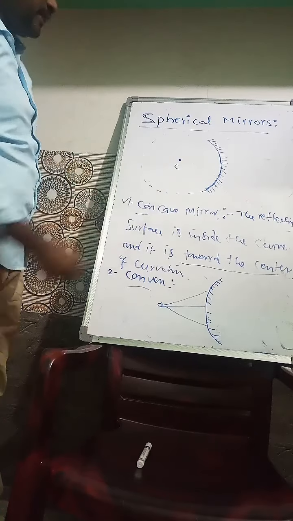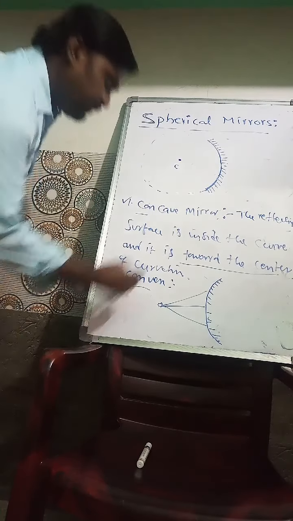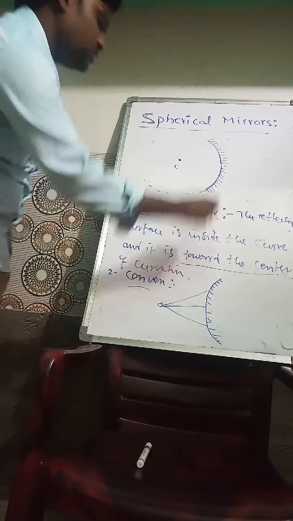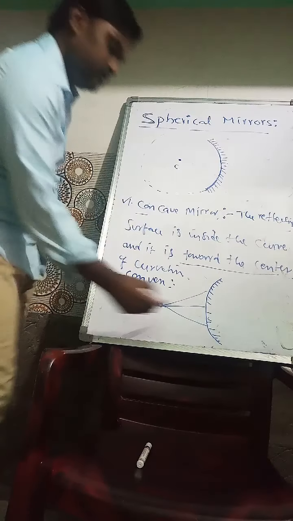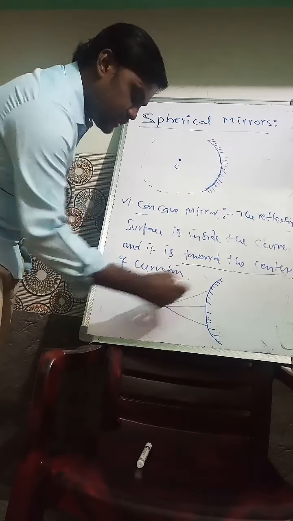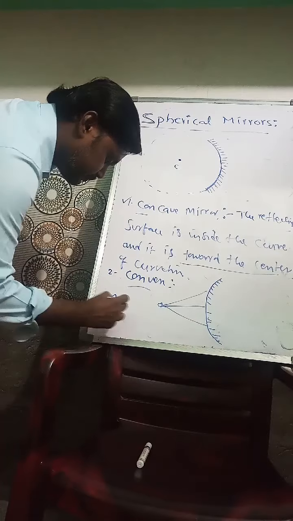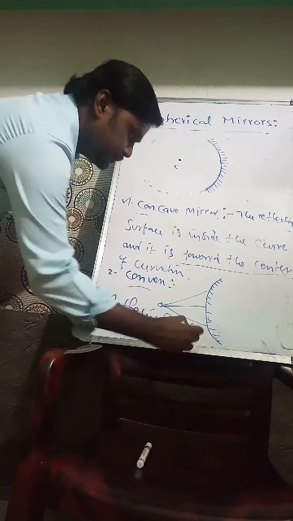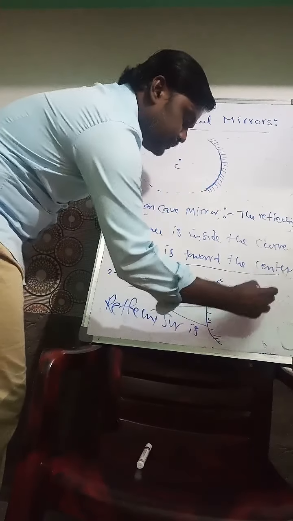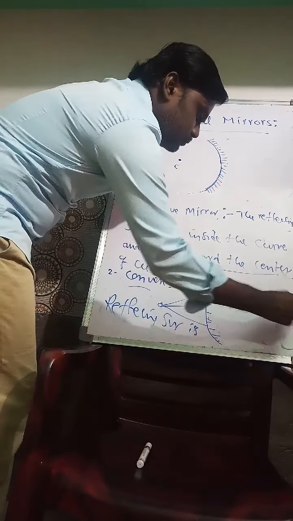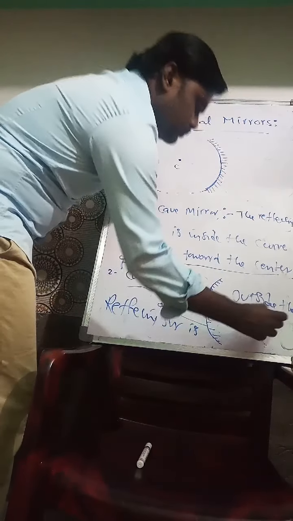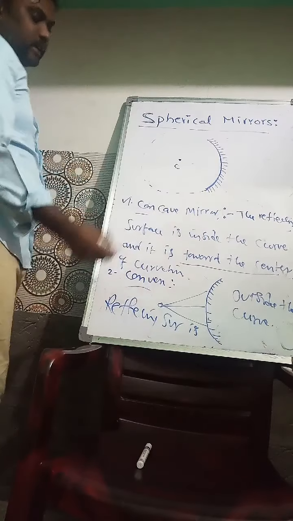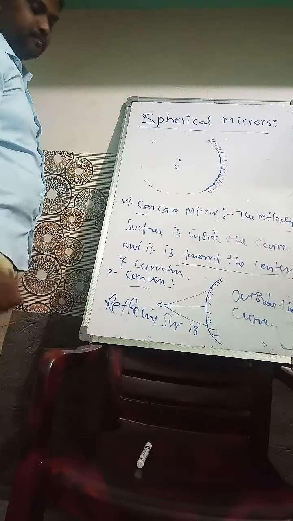How to define this convex mirror? The reflecting surface is outside the curve. This is the reflecting surface, and it is outside the curve. That is called a convex mirror.